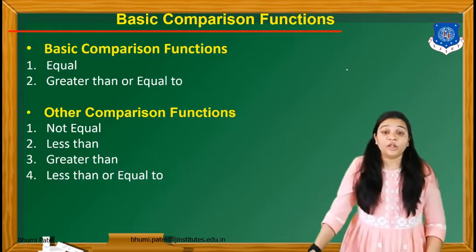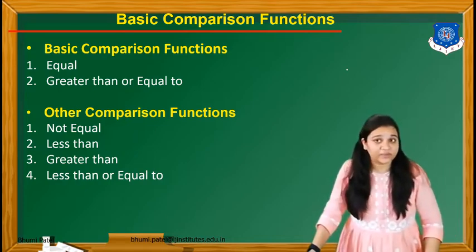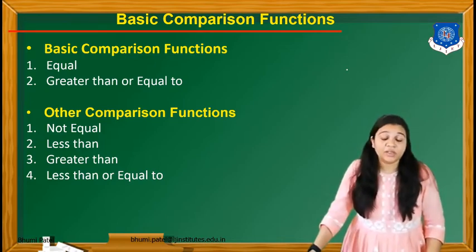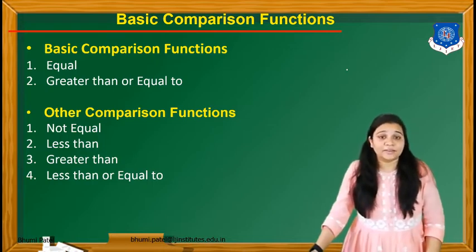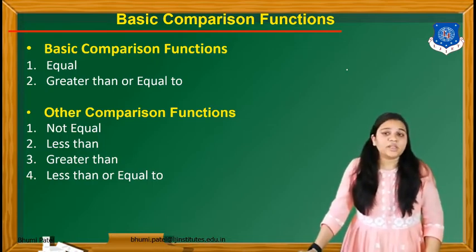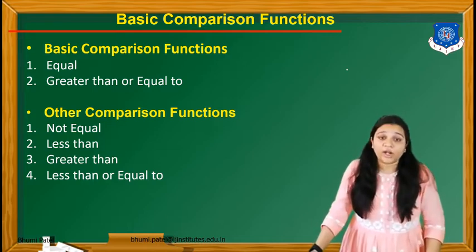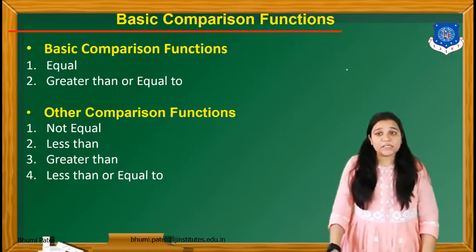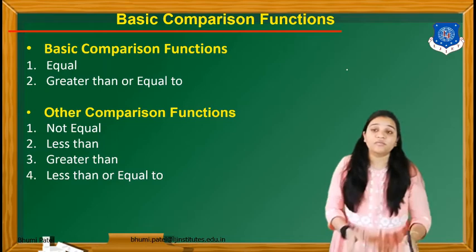First of all, we learn the syntax for this particular comparison function. As you remember, in chapter number 7 we studied different types of mathematical functions like addition, subtraction, division, multiplication and square root. For those we used particular commands in PLC programming to execute the addition or subtraction function.